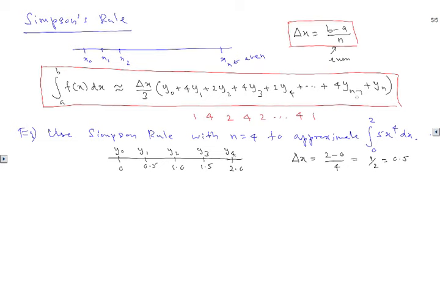So you can see in the formula all the odd coordinate points have a 4. Okay, so that means I got the formula.